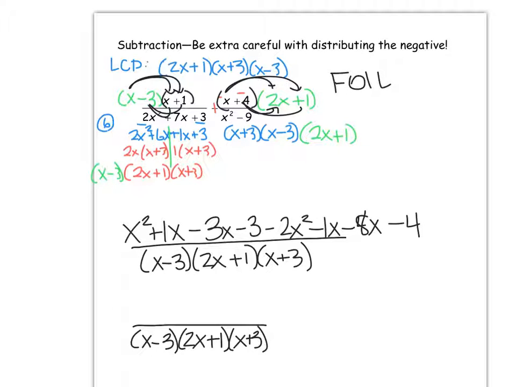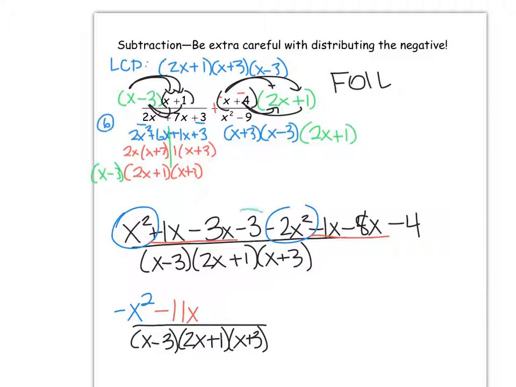Alrighty, so x squared minus 2x squared, so negative x squared, or negative 1x squared. Then we have 1x minus 3x minus 1x minus 8x. So 2x minus 9x, so negative 11x.